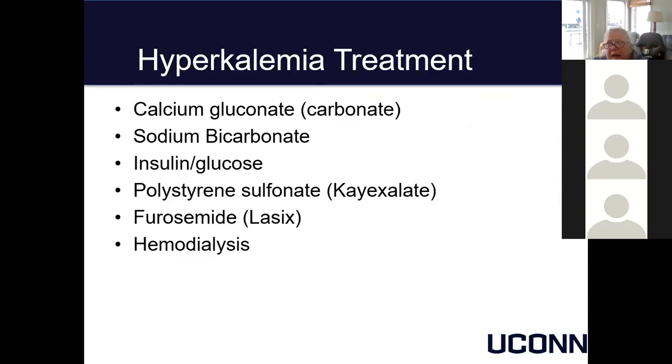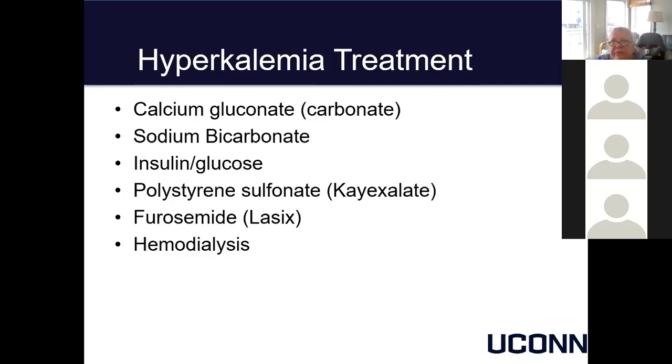If you think back to treating DKA and how potassium works with the cells, by giving insulin, you give the insulin to force the potassium back into the cells so that your circulating potassium goes down.